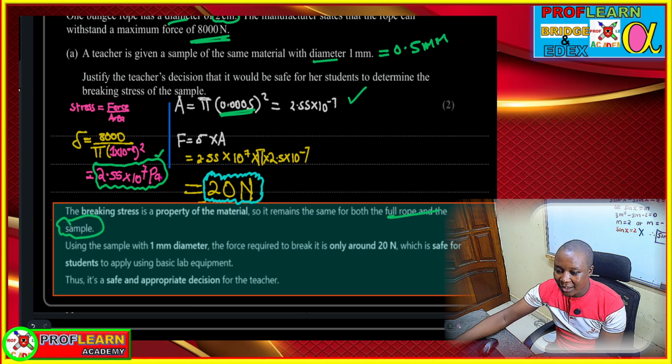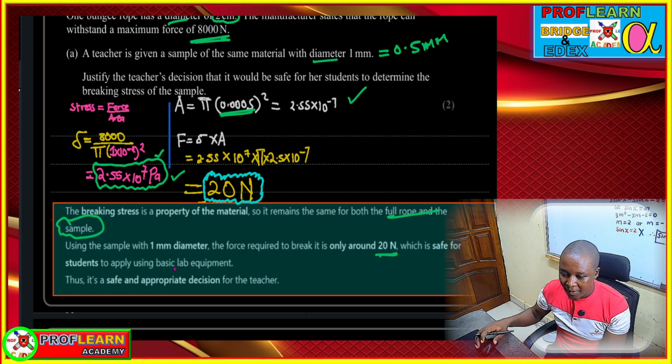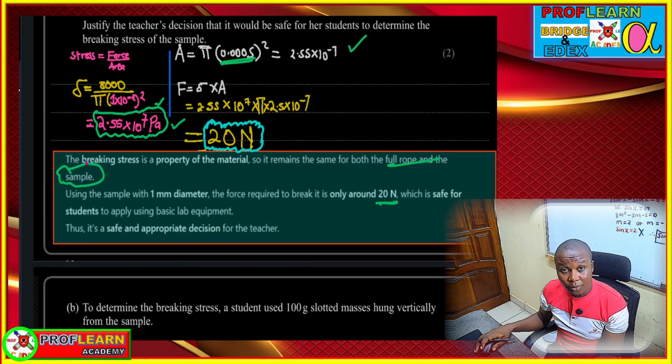That's why I used the stress I have here to calculate the force in the second case on the sample that was provided. Using the sample with 1 millimeter diameter, the force required to break it is around 20 newtons, which is safe for the student to apply using plastic lab equipment, and this is a safe, appropriate decision for the teacher.